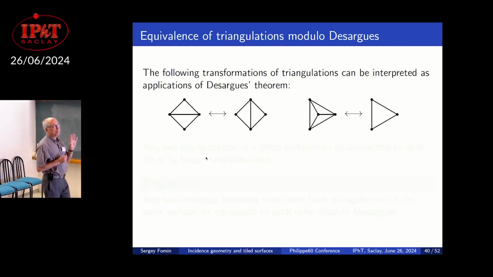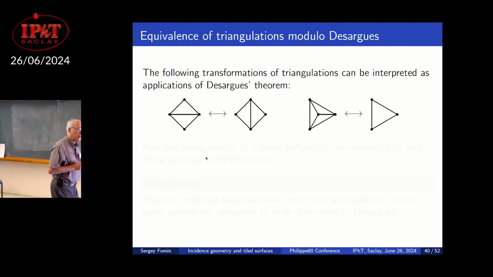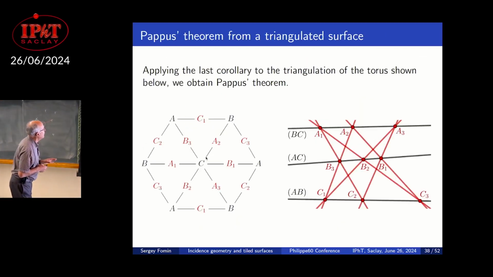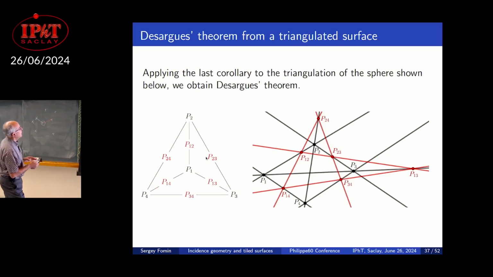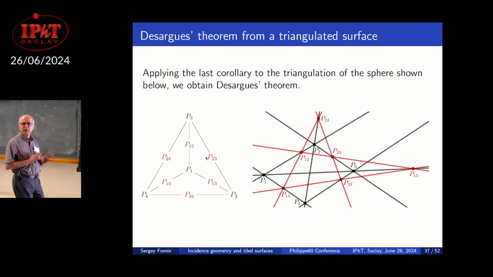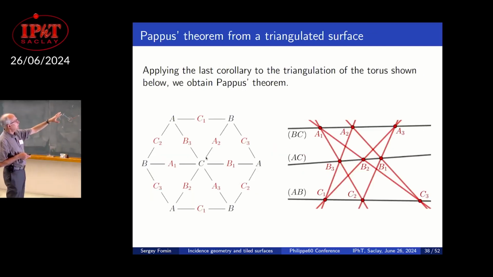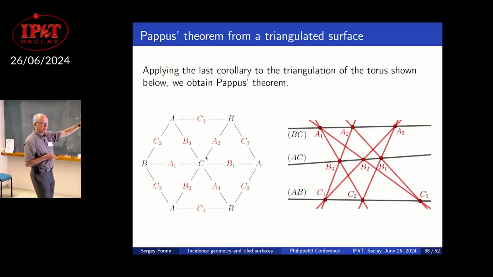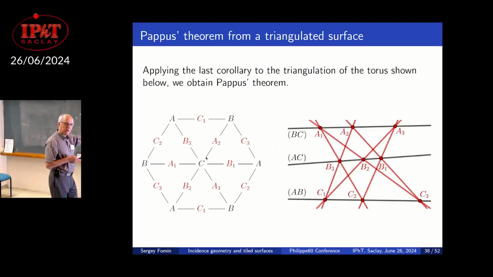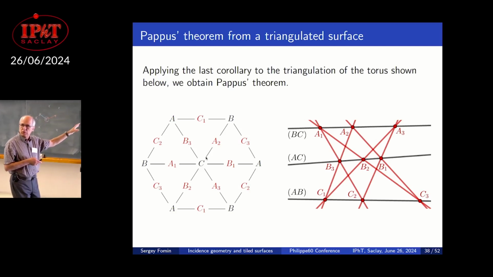But the one thing you need to remember from one of the slides that I flashed at you is that Desargues corresponds to a tetrahedron, the simplest triangulation of a surface there can be, just a triangulation of a sphere by 4 triangles. That's Desargues. And Pappus, again, is some kind of triangulation of a torus, just like before. Desargues was a sphere, Pappus a torus.